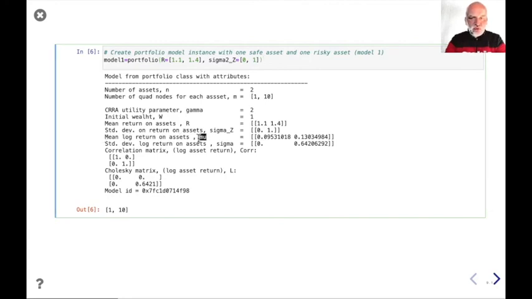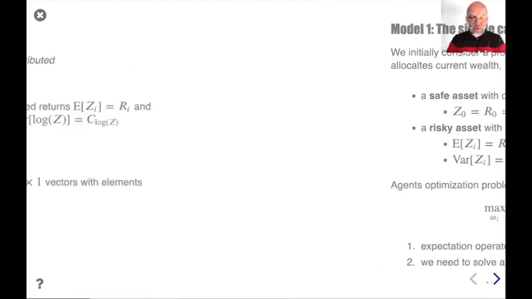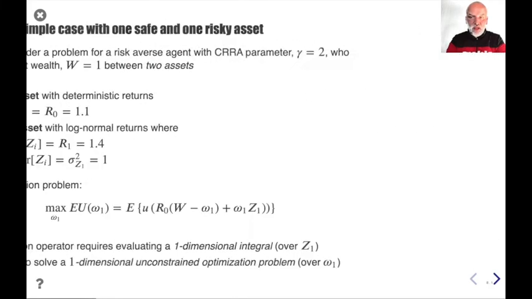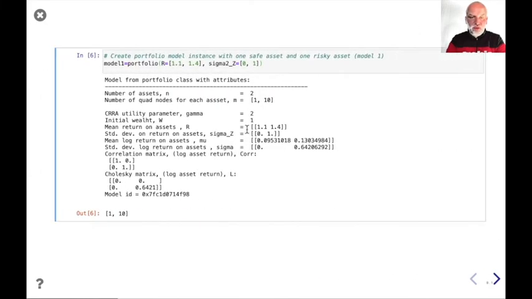These are the mu's, which are implied by these two inputs, so mu is not 1.1. It depends on both R and sigma through the formulas we saw on the previous slides. Here they're calculated in this model class.